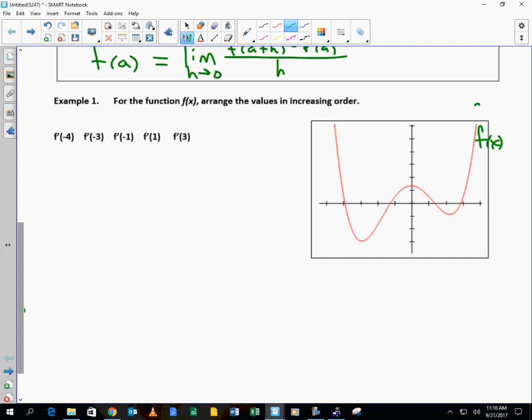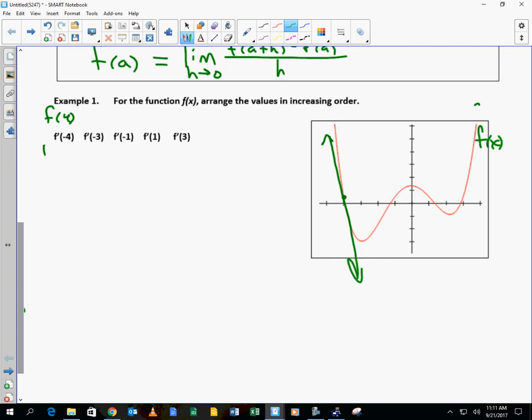Okay, so we're going to estimate what f prime of negative 4 is. That means I find the function value at negative 4, which is approximately right there. But right now what I've shown is f of negative 4. If you want to look at f prime of negative 4, you're looking at the slope at that point. So if you were to describe that slope, how would you describe it?